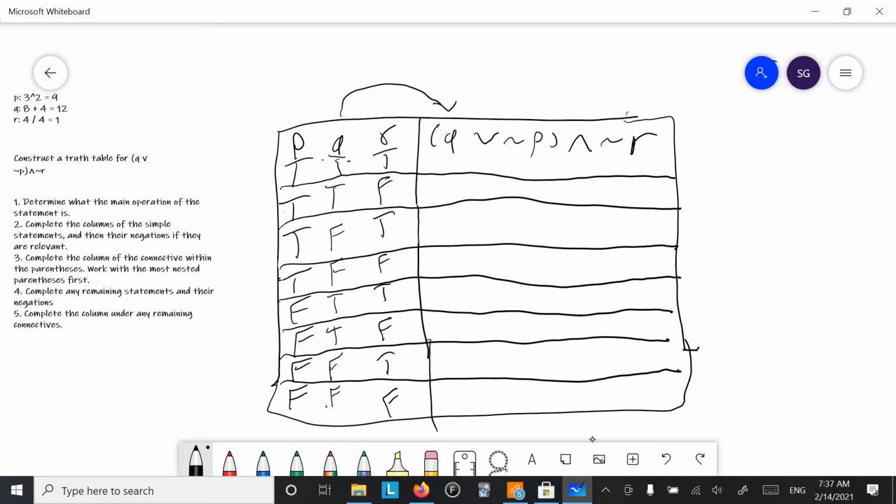Alright, negation of P. As we know, it's whatever the opposite of the statement is.